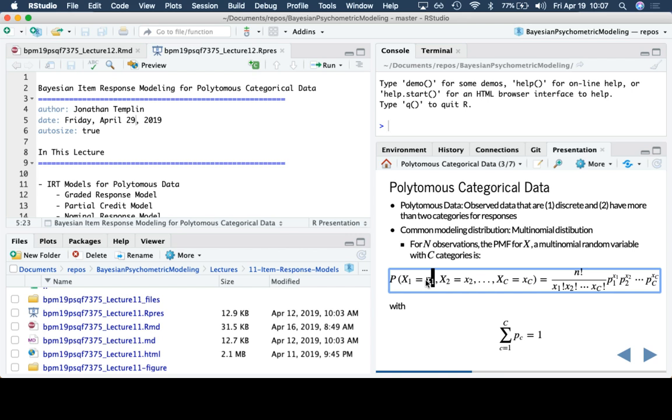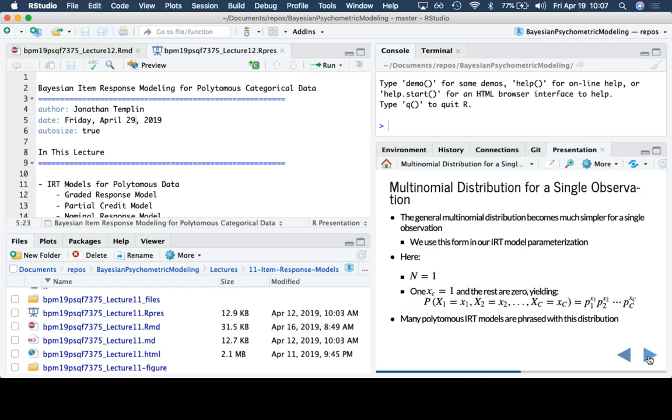Which is fine until you want to do like IRT and you're like, I have one observation per person usually, right? What does that boil down to? It becomes much, much simpler. With one observation per person, really we're talking about one observation. That means one of these x's will be 1, the rest will be 0. So this likelihood function simplifies to being there's a probability for each of those categories.